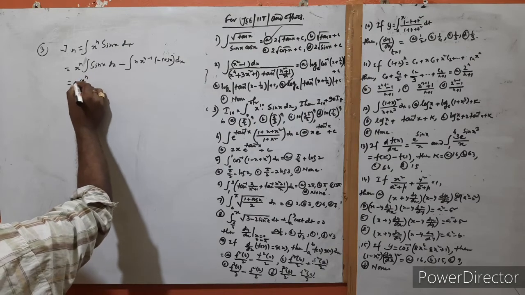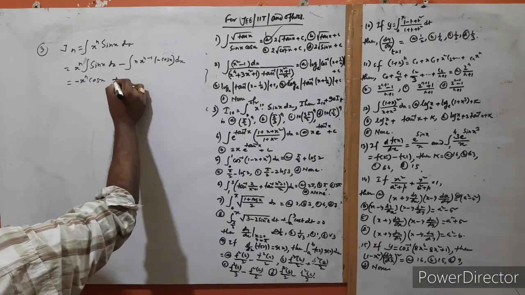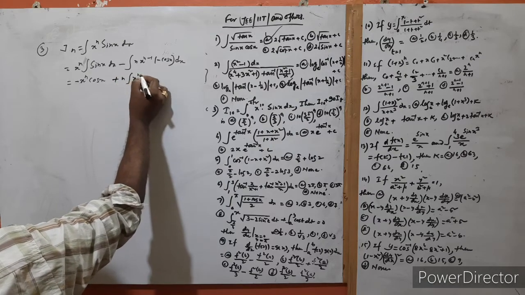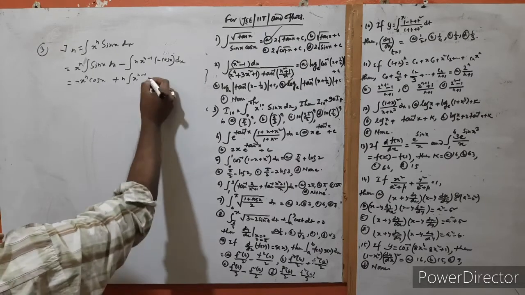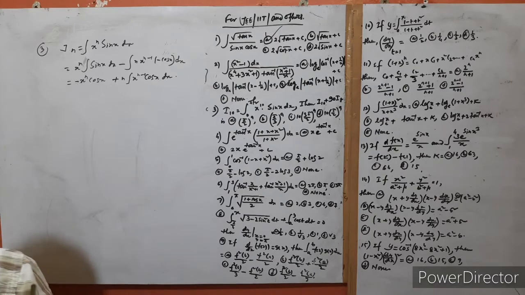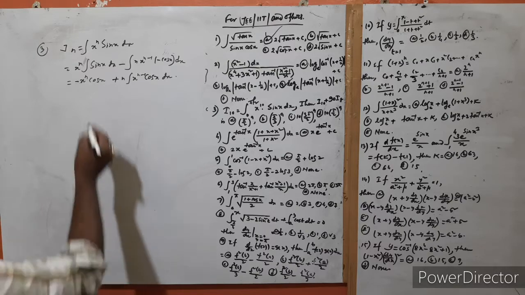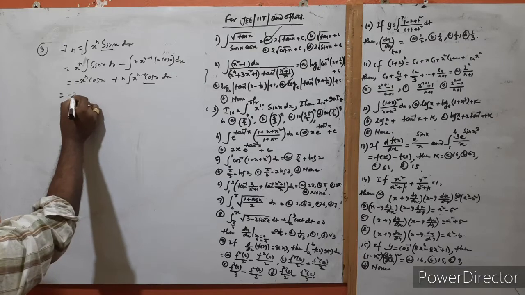So we get minus x to the power n cos x, plus the integral of n x to the power n minus 1 cos x dx. See here, this is a sin, but here it is a cos, so again we apply the u into v method.